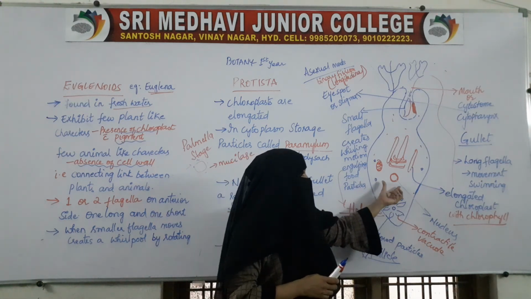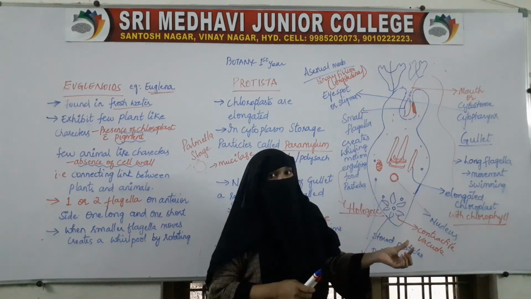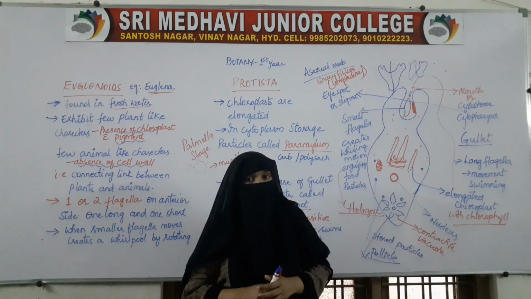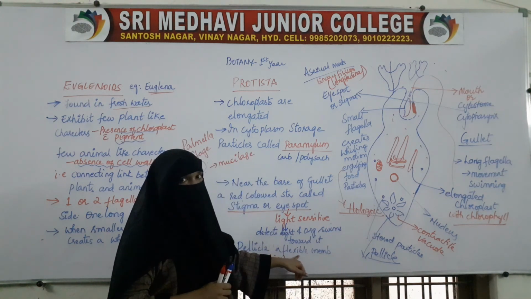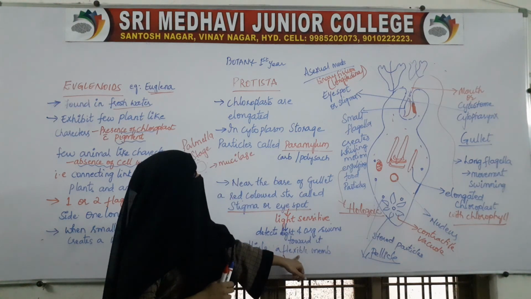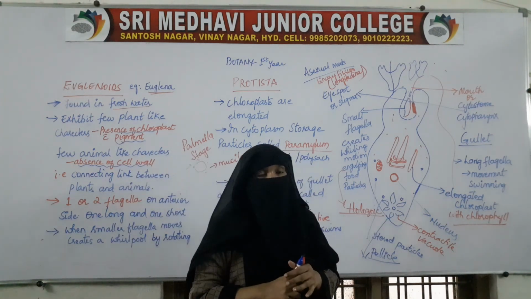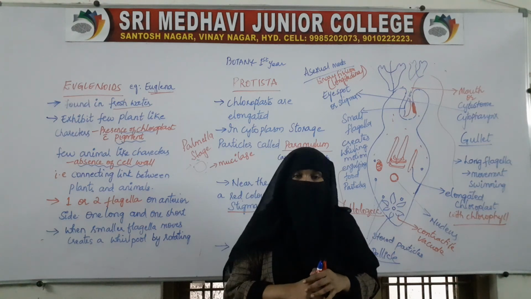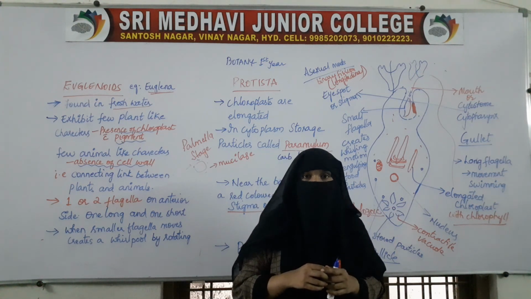Apart from this, as it is eukaryotic, all the organelles will be present, and instead of cell wall, a different membrane called as pellicle is present. So, this was about the group Euglenoids. One last group is left, that is protists. We will see in the next class.